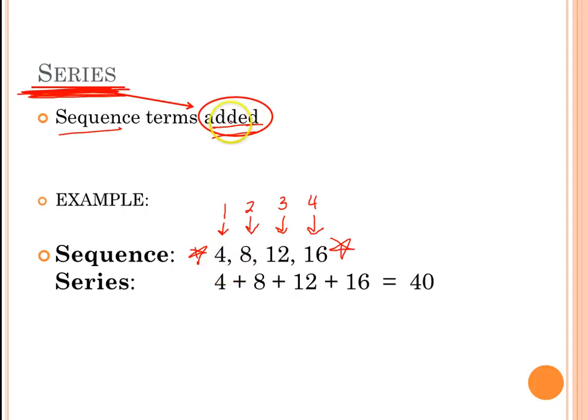You know it's a series when they are added. So you're taking that sequence and adding what you have: 4 plus 8 plus 12 plus 16. So series is when you add them. And if you were to type all those in, you would get 40. So sequence is just the list. Series is when you add that list.